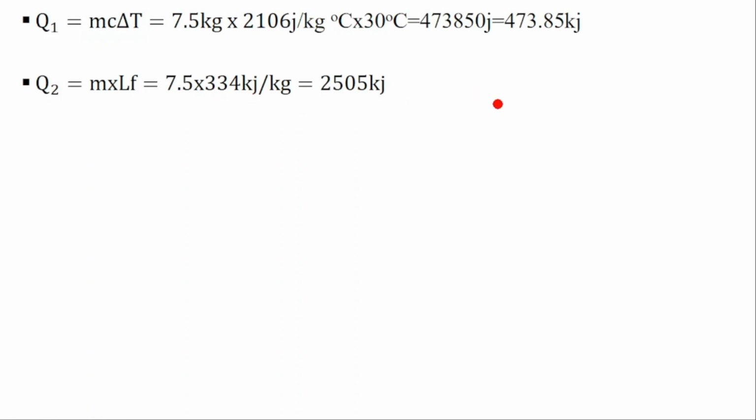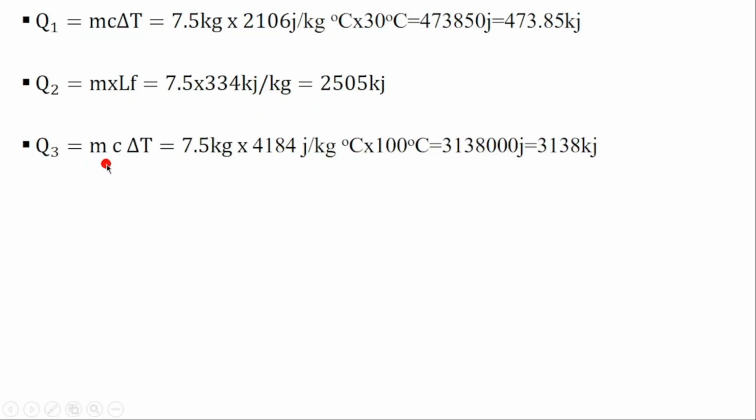Then in this step we use the mass times C times dt. The mass, which is 7.5 kilogram, times the specific heat capacity of the water, in joule per kilogram, times 100 degrees Celsius. That means we are doing the difference, 100 minus 0. Then we get 3,138 kilojoule.